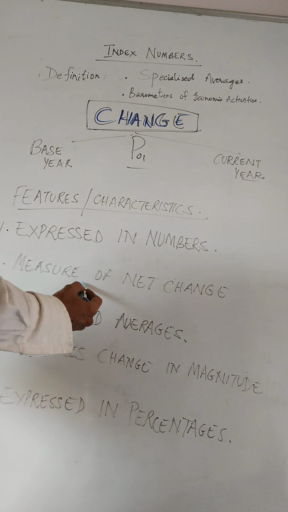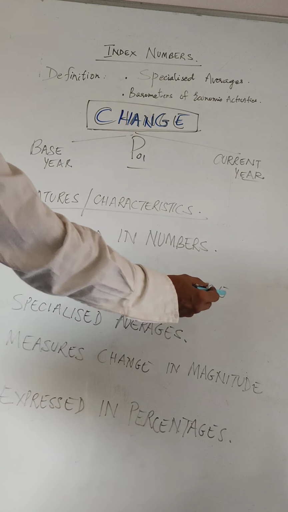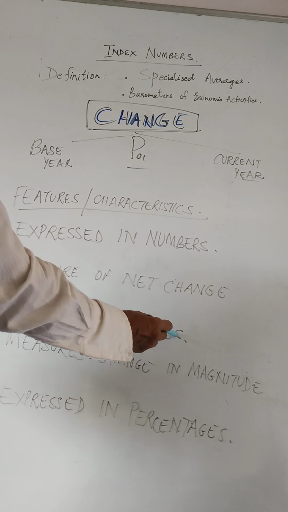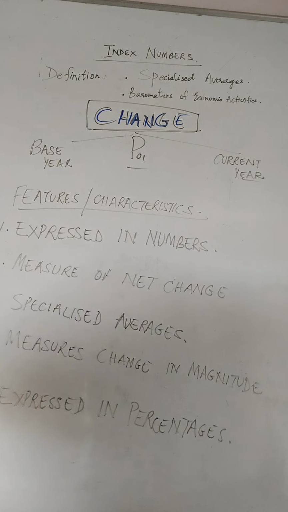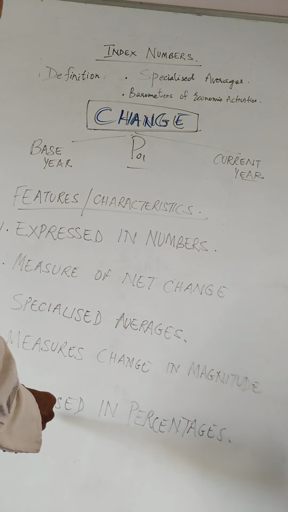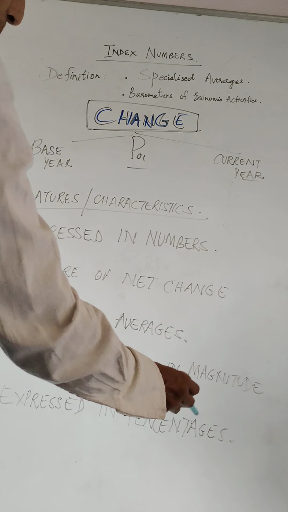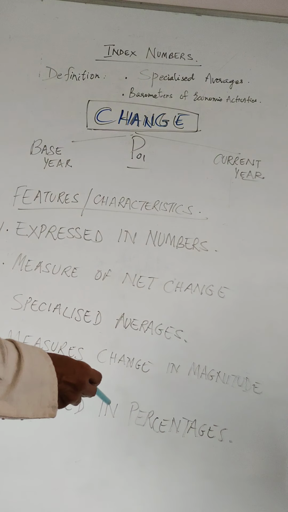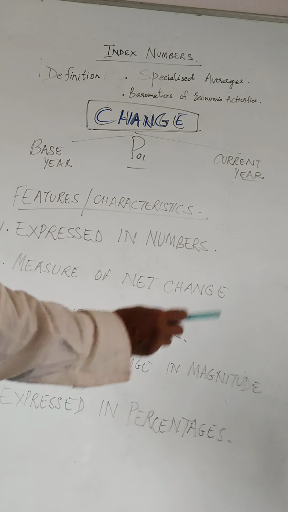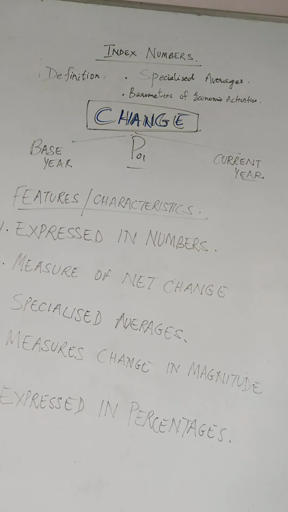Index numbers are a measure of net change. They are also known as specialized averages. And they measure changes in magnitude, and they're always expressed in percentages. So that is why they're called specialized averages, percentage averages.